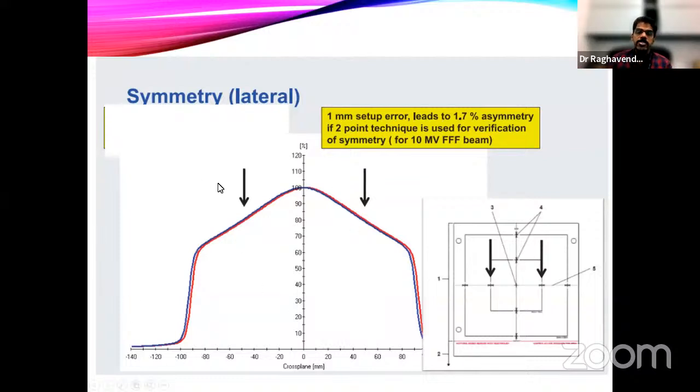So, for example, if you see here, if your setup error is by 1 millimeter, the blue is the ideal situation, whereas the red is 1 millimeter away. If your phantom setup is 1 millimeter away, you see that 1.7% asymmetry if 2 points technique is used for verification of symmetry. That is why we never use this particular technique.